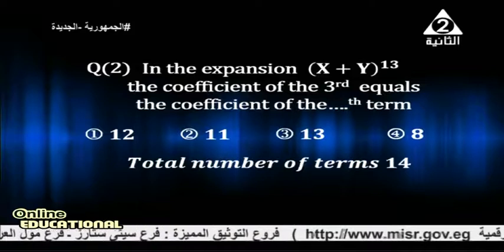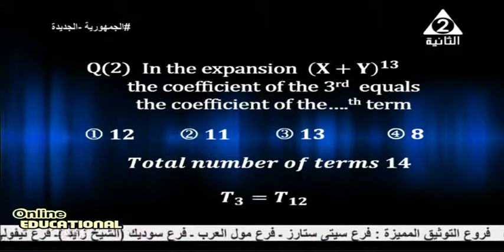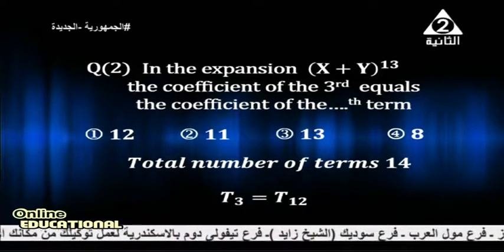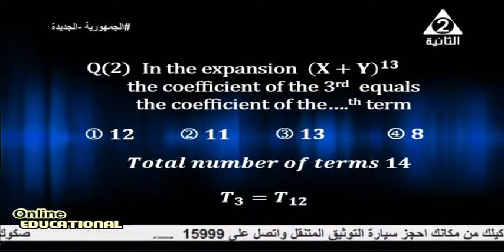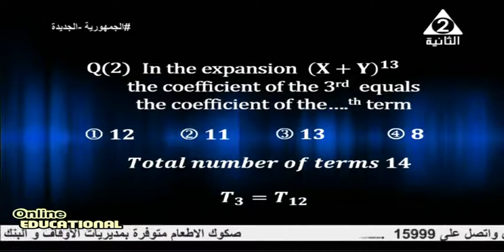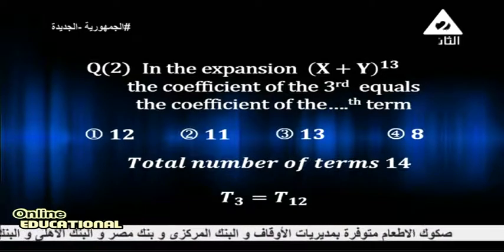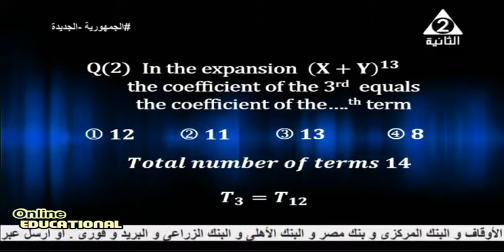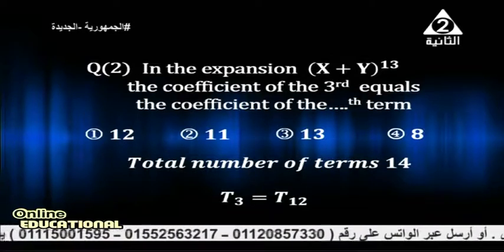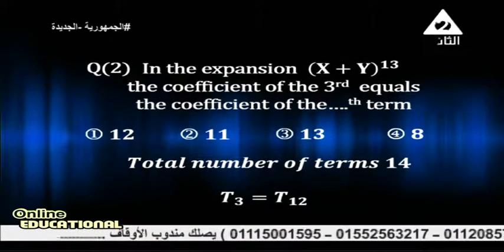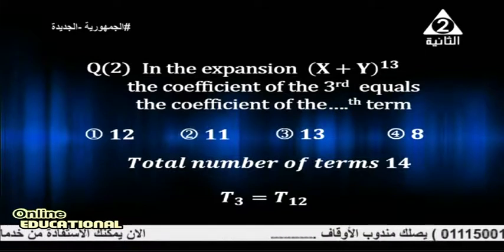Look, my dear student, when we have an expansion to the power 13, the total number of terms must equal 13 plus 1 equals 14. Then the third term equals T12.